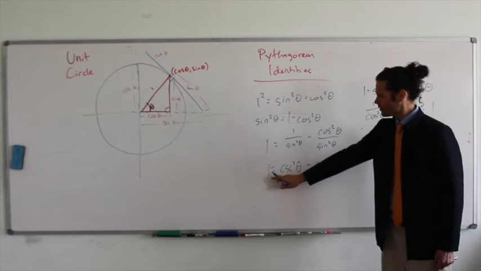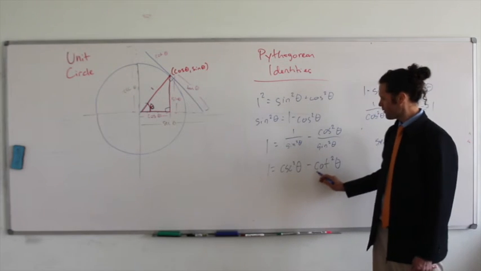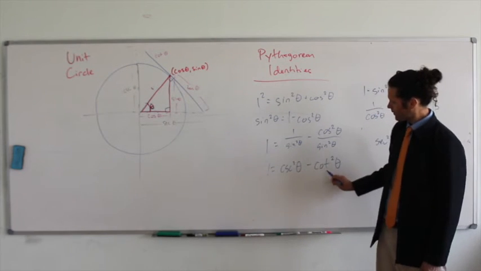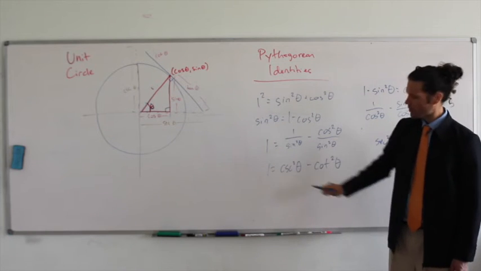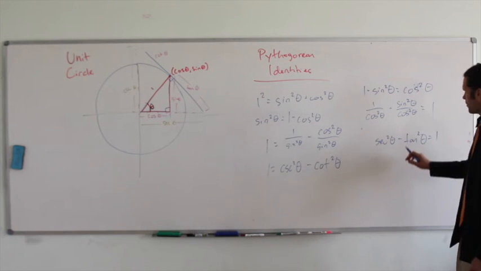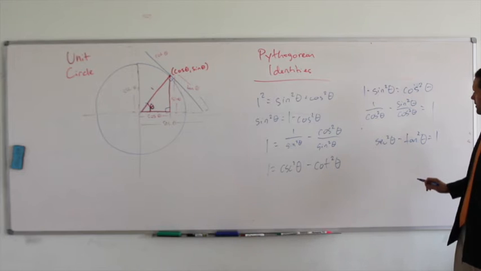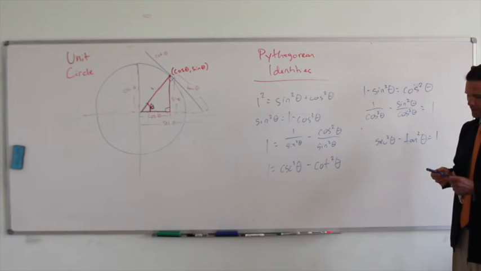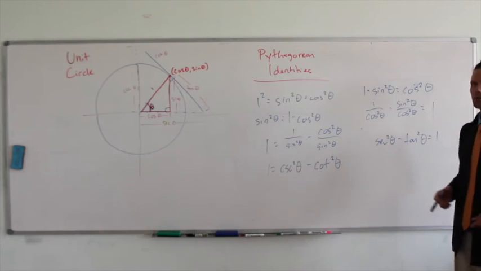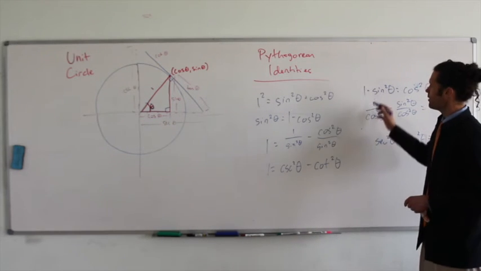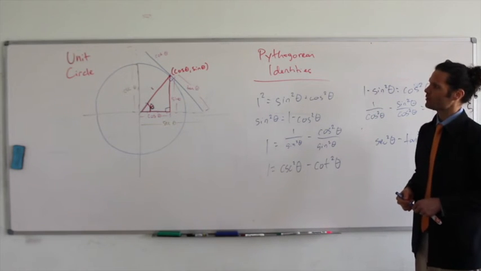And we could do some further manipulation, so we would get 1 plus cotangent squared theta equals cosecant squared theta, or 1 plus tangent squared theta equals secant squared theta. And so we can move these quantities across the equal sign with some simple algebra.